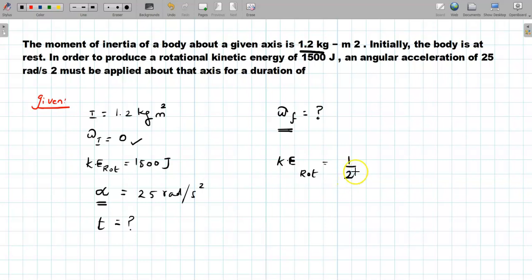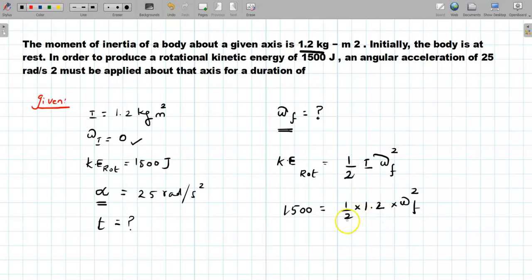It is half I omega final square, because omega initial square will be 0, so the total term will be 0. So we need to find the final omega square. Kinetic energy rotational is 1500, and here is half times I value 1.2 times omega final square.